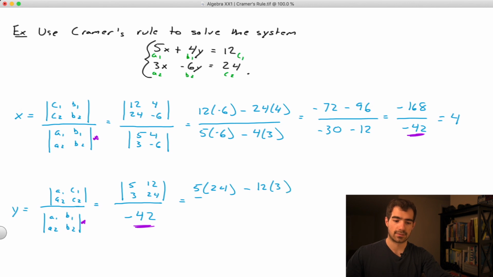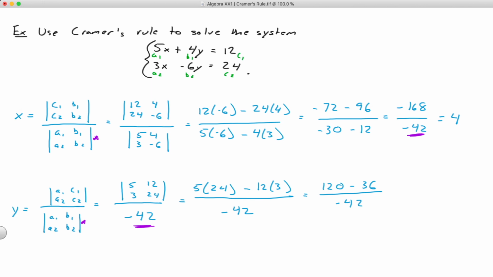And of course, this will still be divided by negative 42, but then we can go ahead and evaluate the numerator. 5 times 24 will give us 120, and 12 times 3 will give us 36. And so we have 120 minus 36, in other words, 84.